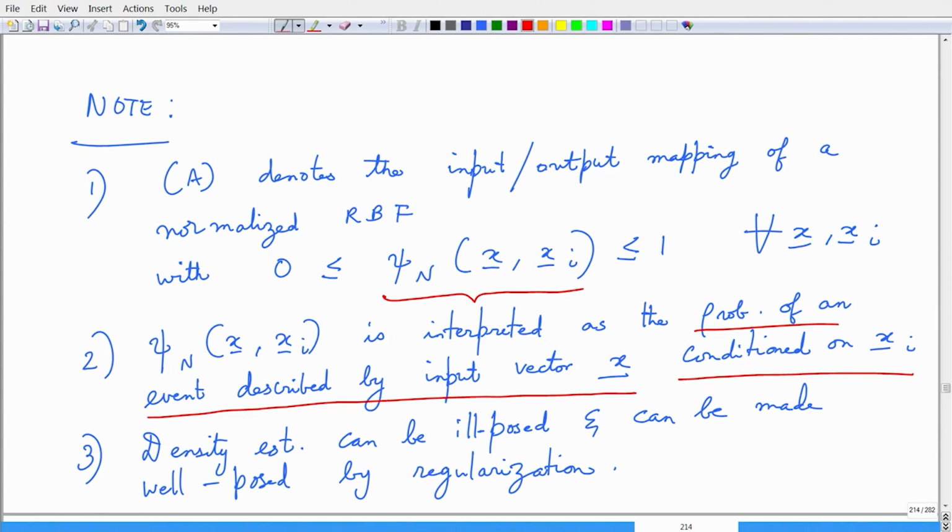You would also note that the density estimation problem can be ill-posed. So, you may wonder what this ill-posedness is and how it can occur. Is there a unique solution for our regression given these points? What is the right way to choose these weights? These are the problems that one may ask.